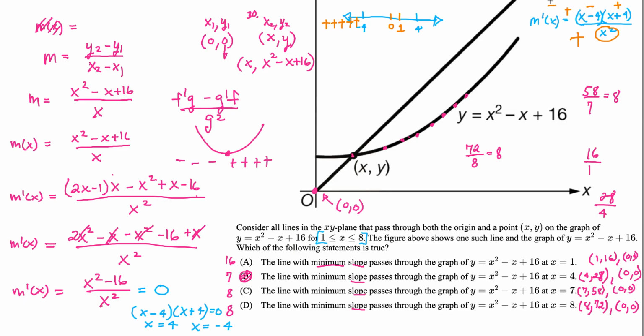So the top part is negative, and then the bottom part is positive, making the whole thing negative, which means that my function is decreasing. So it was increasing, increasing, increasing. Now it's decreasing, decreasing, decreasing, all the way till I get to 4.